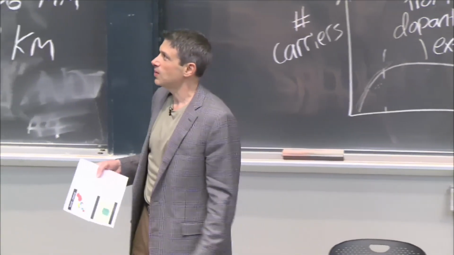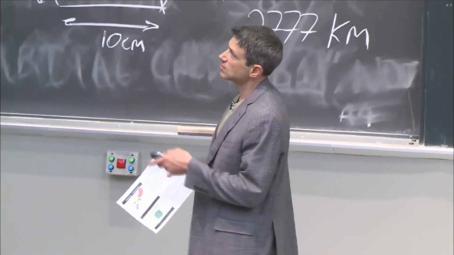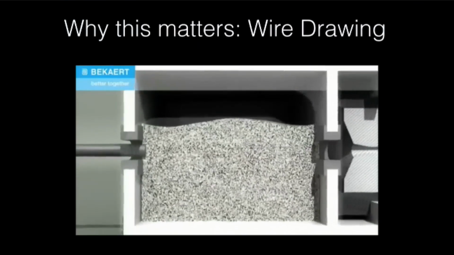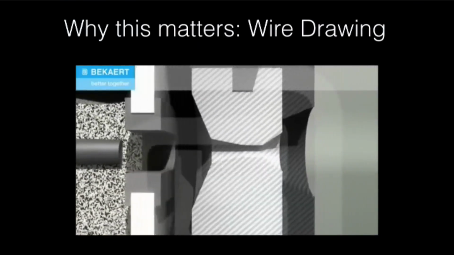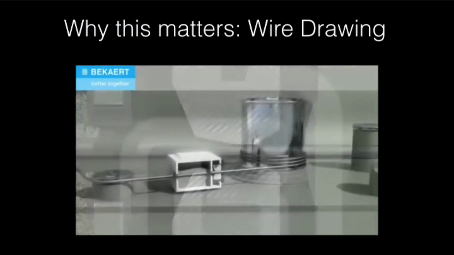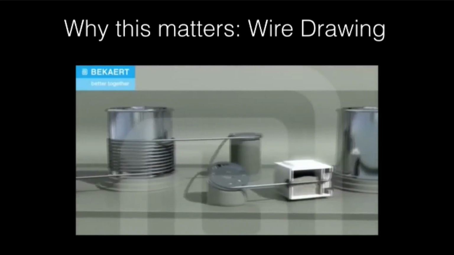And so, you just saw a cartoon with electrons. Here's a cartoon that I thought was interesting that shows kind of a wire pulling setup. So now this is reducing the diameter. That's a die. Further reduction can take place using extra dies. The drawn wire is finally wound on a spool.